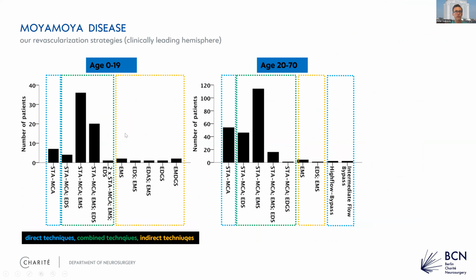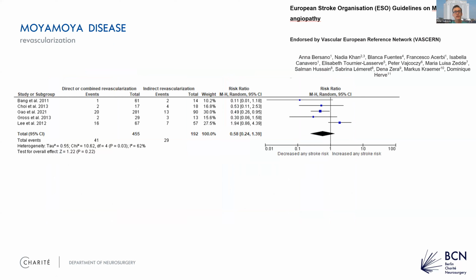This is why in our series in the young population, we are very rarely performing indirect techniques alone, only if there is no donor or if there is no recipient, but usually we are combining or going for direct anastomosis alone. And this is again back to the recommendations.